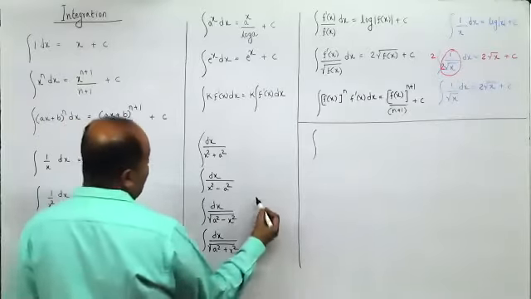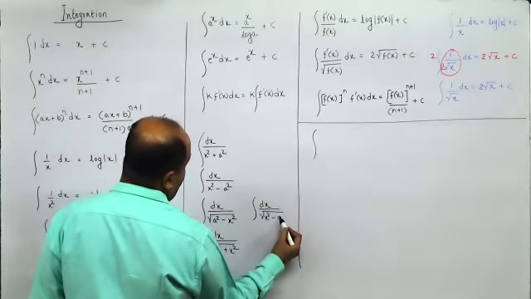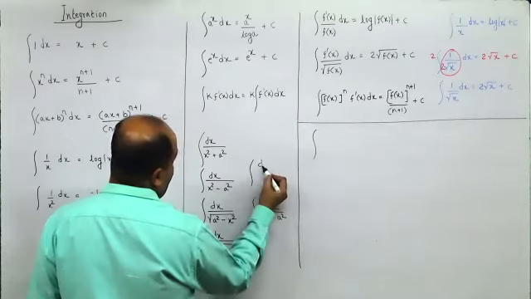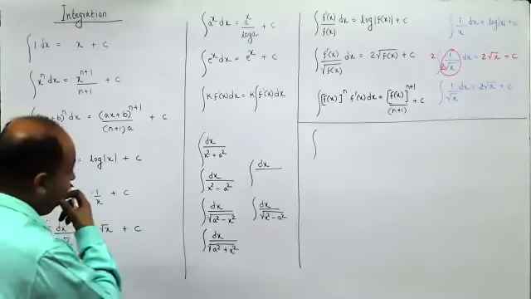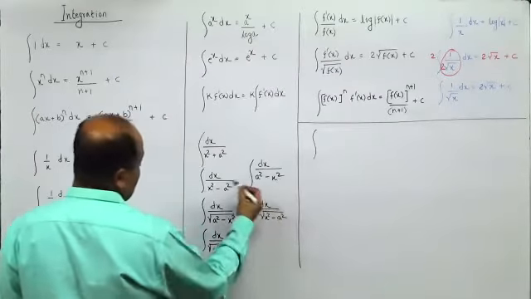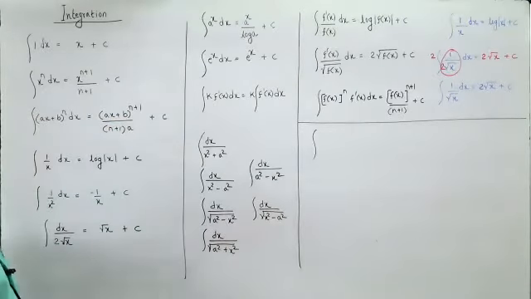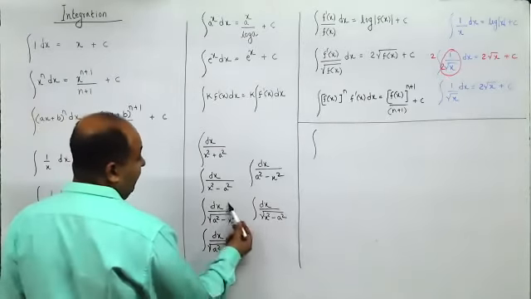These are the different combinations that we have. There are 6 such combinations present. Now here, remember, this one is the formula for sine inverse x.